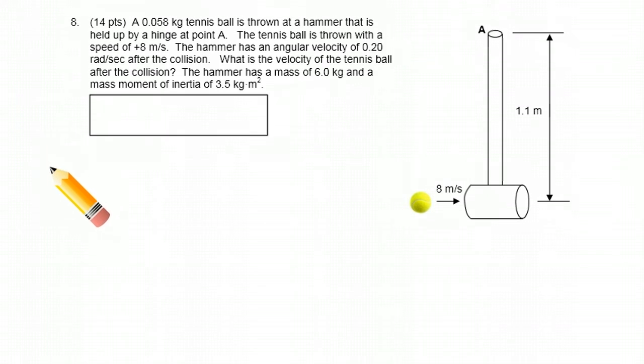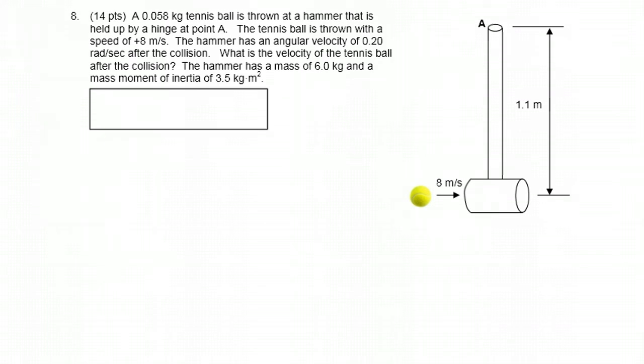We have conservation of momentum, angular wise. I want to write this as the mass times the velocity times the radius.